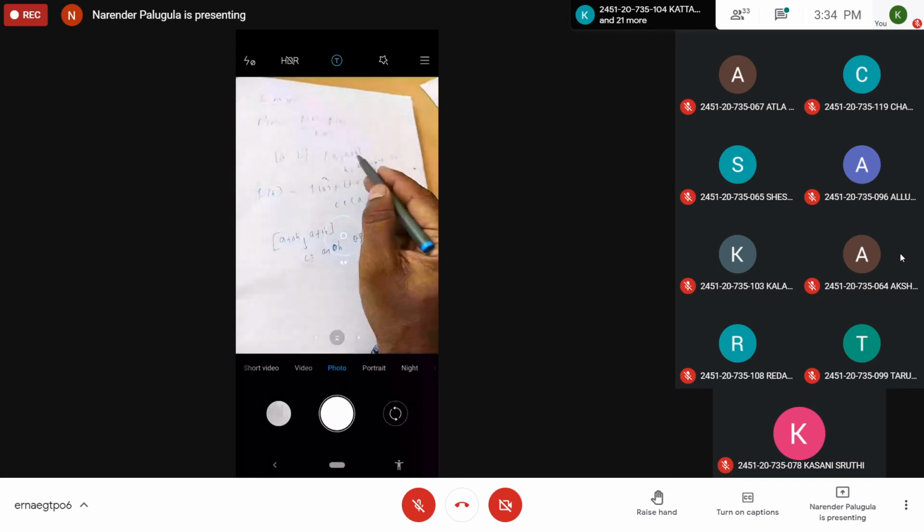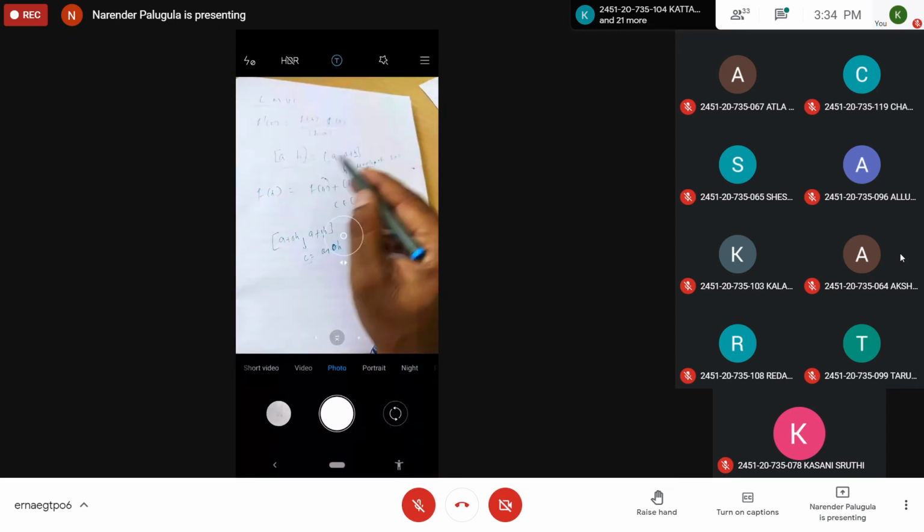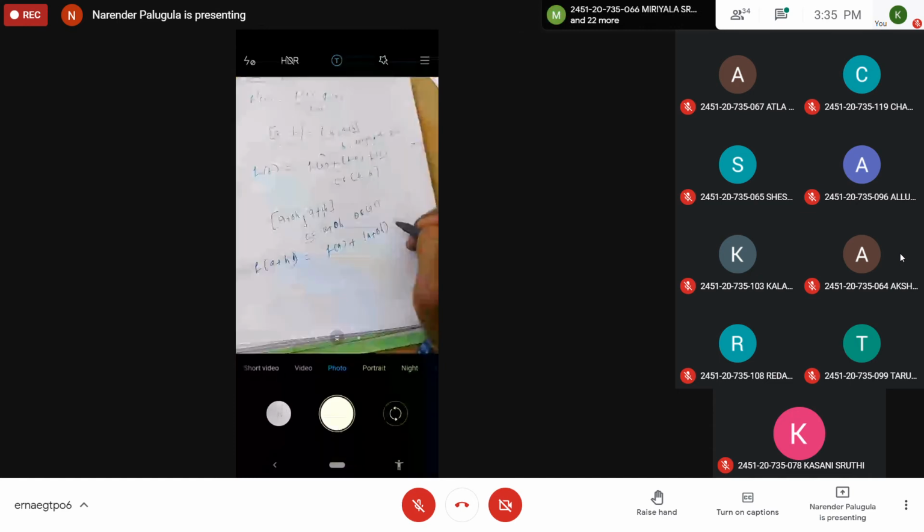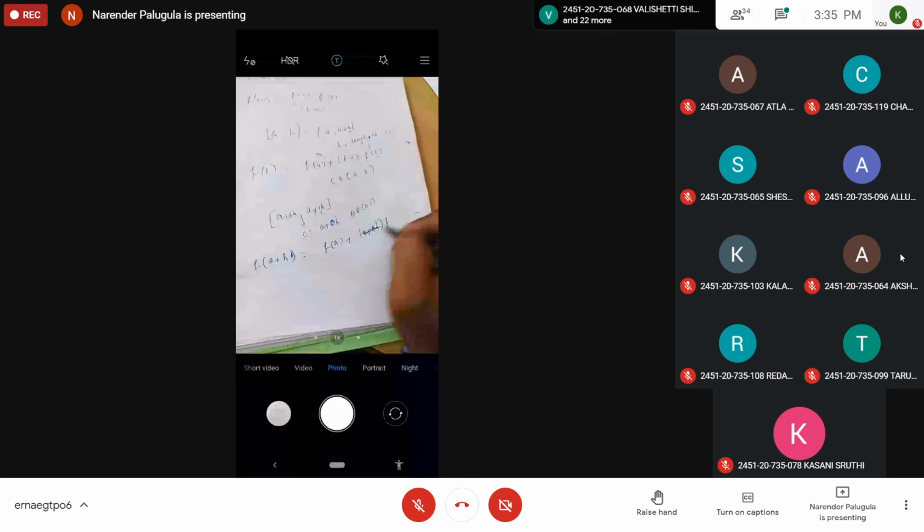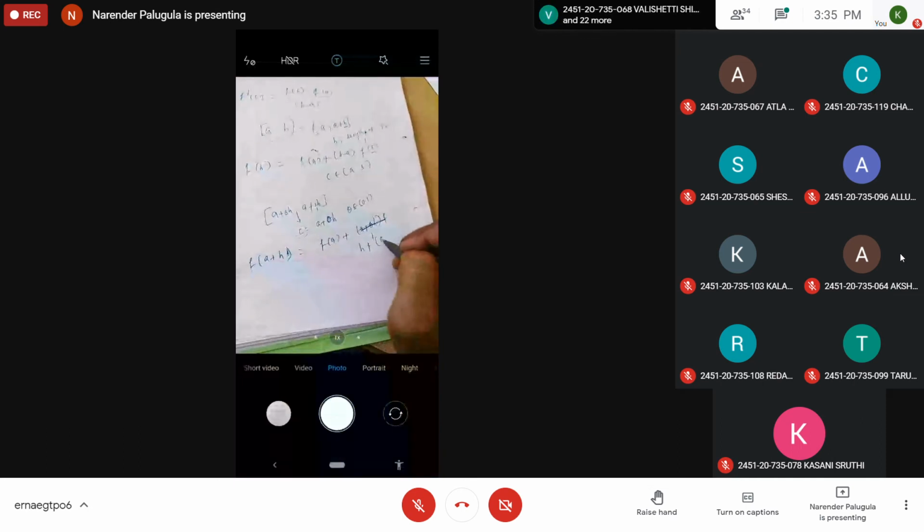The difference between the terminal points, b minus a. Then h into f dash (a plus theta h).